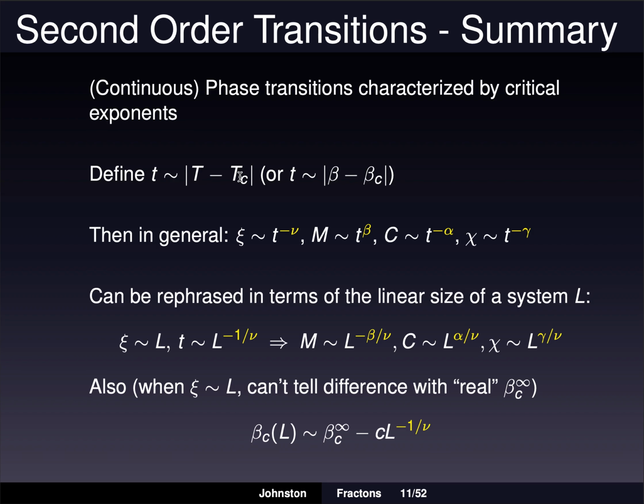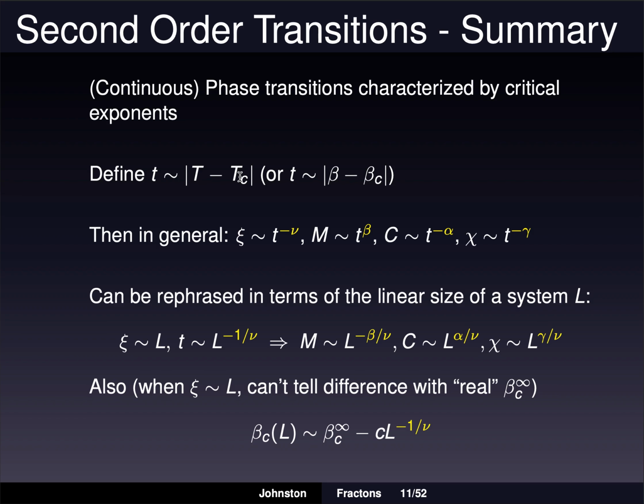So if you've got a computer simulation, you'll be thinking of it as existing inside some cube, L times L times L cube, with the lattice sitting inside that cube. The correlation length in such a computer simulation can't grow to infinity.